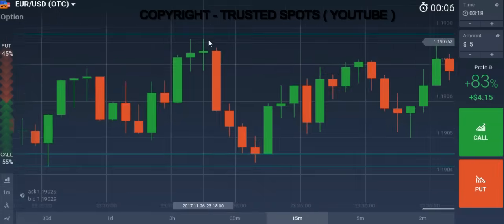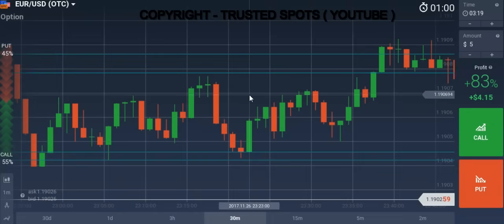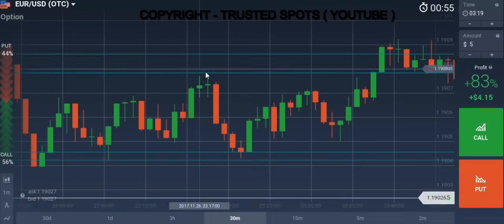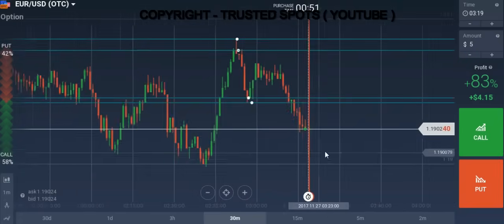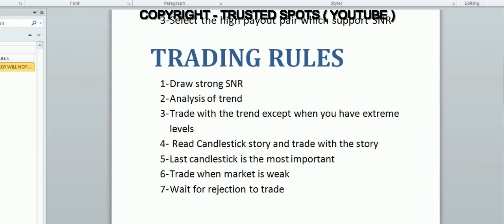We have a resistance but the market didn't reach it, so no need to take a trade. But if the market goes up and you have a rejection, you can place a trade, because the last candle shows the market is weak, we have a resistance, and that is how it works. So always take trades when the market is weak. And seventh, the most important thing, wait for rejection to take trades.